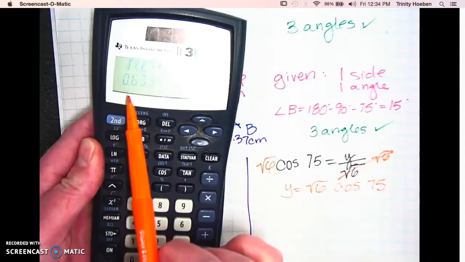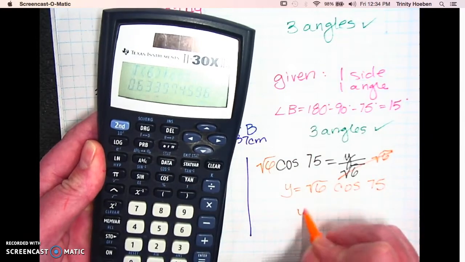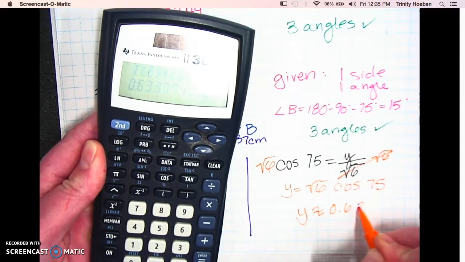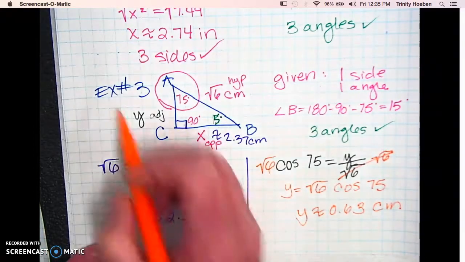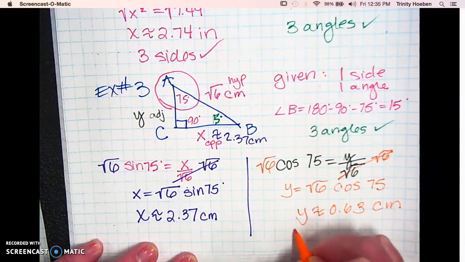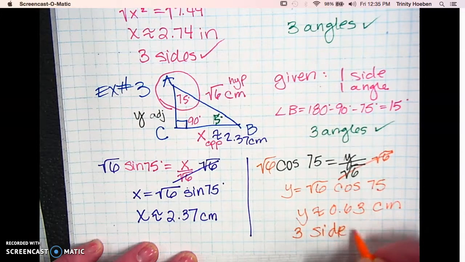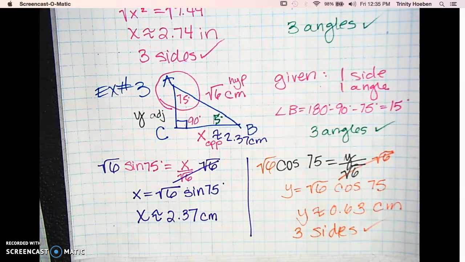So after the decimal, I have 0.63, and next to it is another 3, so it's going to stay. So y is approximately 0.63 in centimeters. That's going to be this third side over here. So now we have all 3 sides. Check. We're done. Right? So we've got all 3 angles.